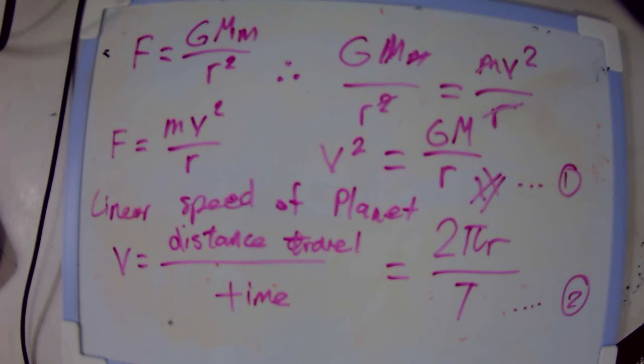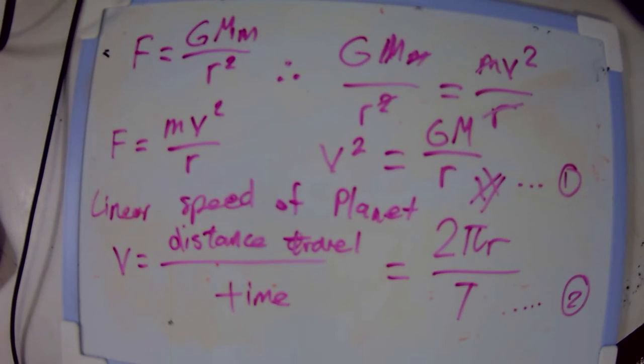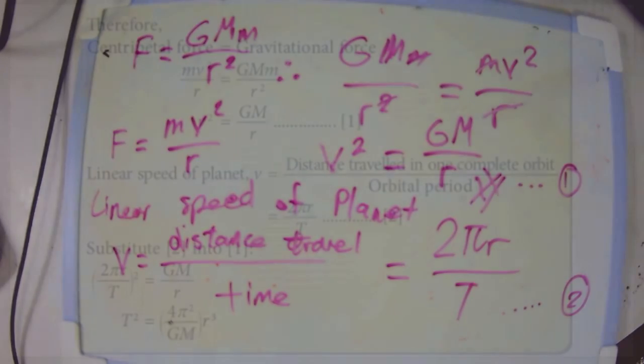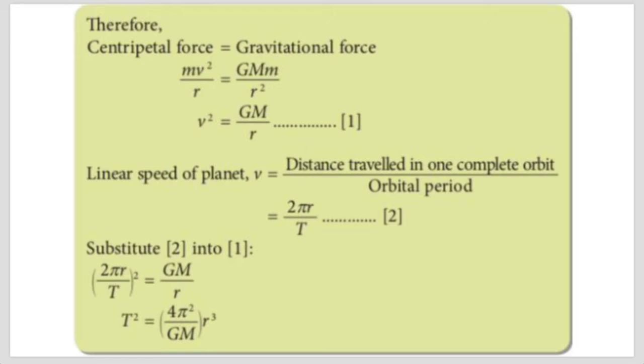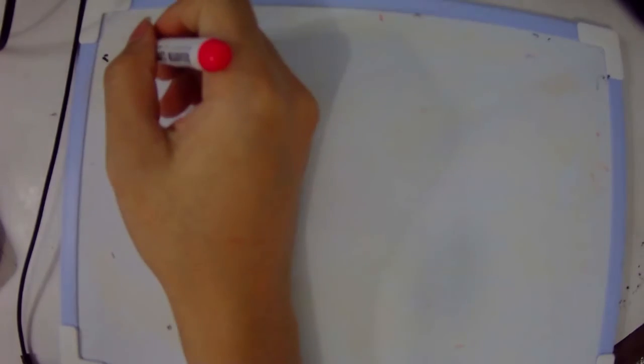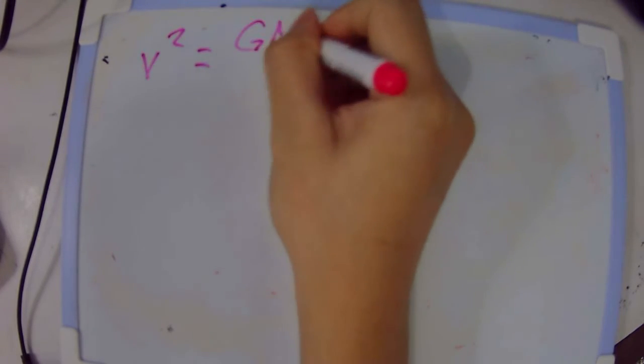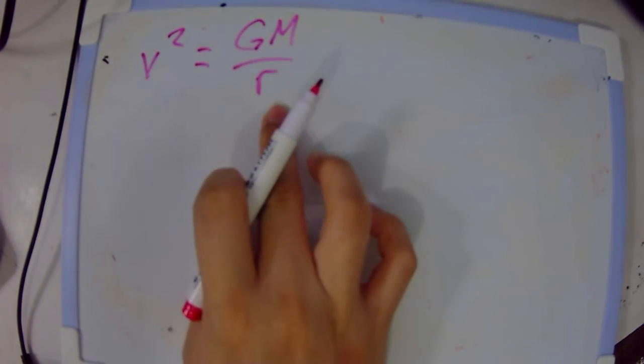And now what's the next step? The next step is to do a substitution. Let me write out what we have so far. What we've calculated so far is V squared equals GM over R. That's the first one we calculated.